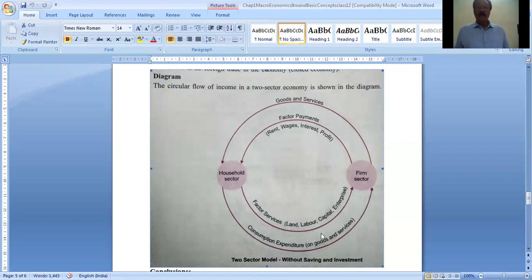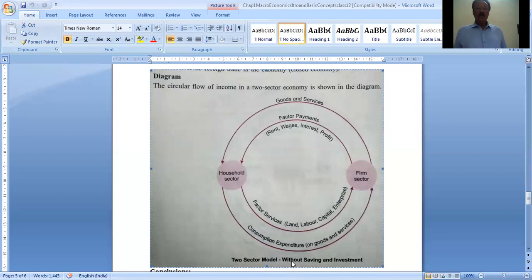The inner circle, the flow of income is here. Here it goes in a circular form. They get the money, they are spending on expenditure on goods and services. And when they spend on goods and services, the firm sector are returning goods and services.